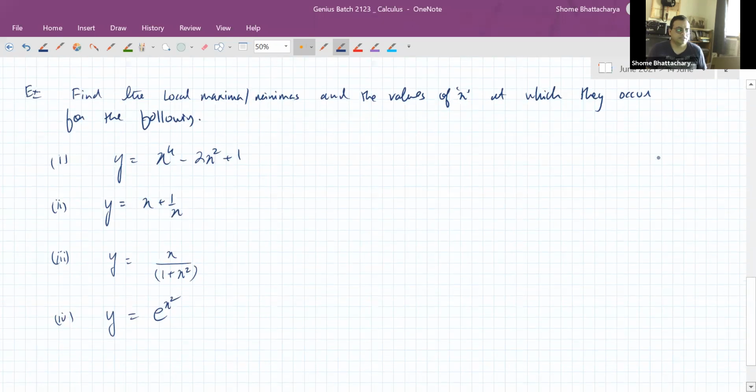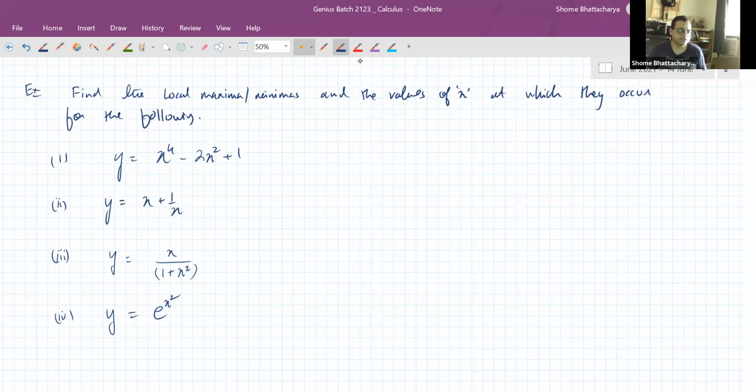As I said, don't get into the full analysis of these functions. Don't get into intervals, domain, range, all those things at all. Just concentrate on what this is asking, that we have to just find the local maximas and minimas. That means we have to find the y coordinates at the point at which the function peaks or dips. And of course, we have to find the value of x at which it reaches maxima or minima. So just try this out and start sending me the answers. We'll discuss this.